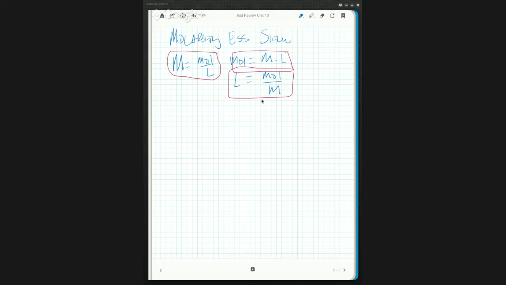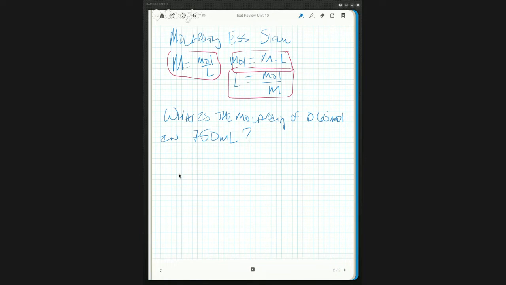The reason I say you never know is that while the essential skill may be very straightforward, it could be something along the lines of: what is the molarity of 0.65 moles in, we'll say, 750 milliliters?